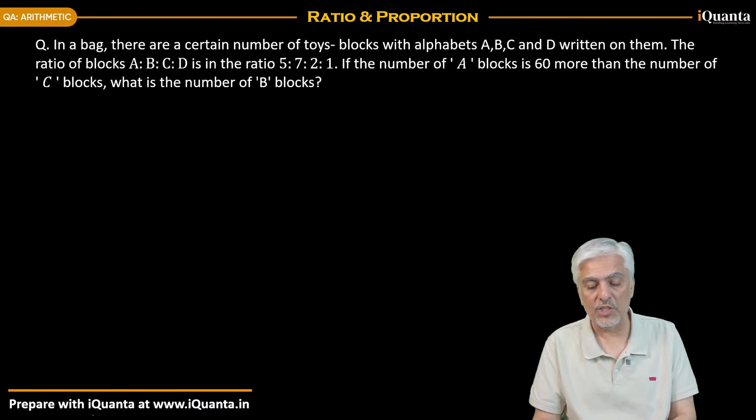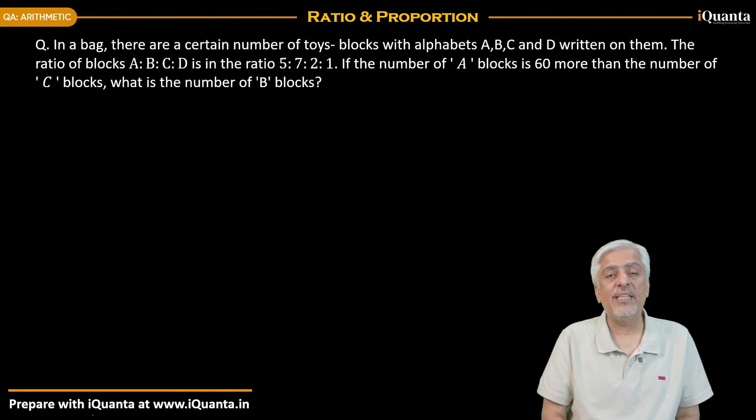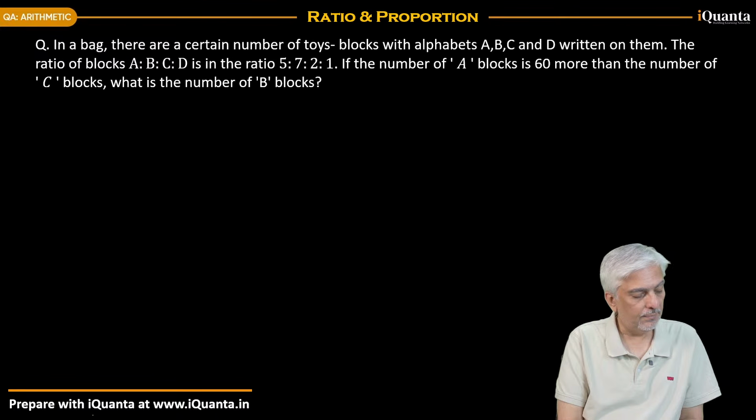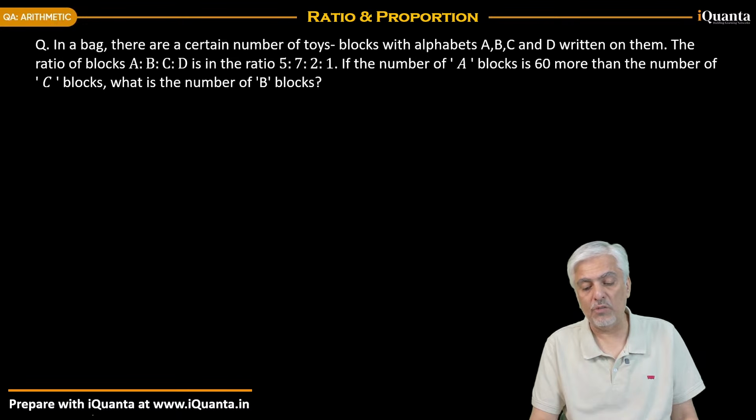So let's go to this question. Read the question, everybody. Take a minute to just read the question to understand it. In a bag, there are a certain number of toy blocks with alphabets A, B, C, D written on them.